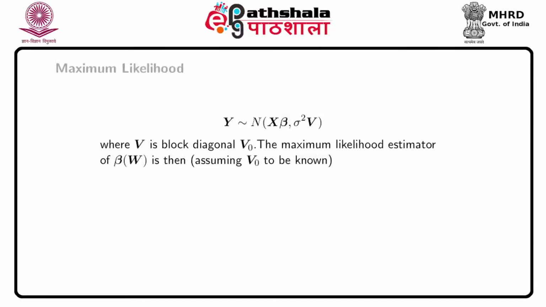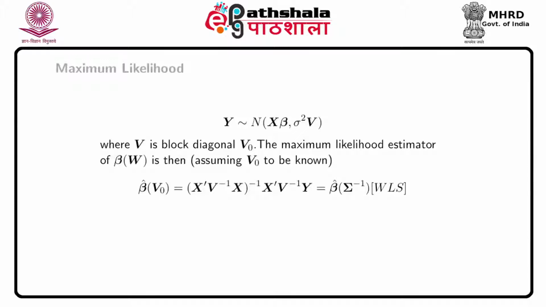Now, if we assume that V naught is known, then the weighted least squares estimate of beta, which we have already learned in our previous session, would be beta hat V naught, because V is characterized by V naught, and that is x transpose V inverse x, inverse, x transpose V inverse y.